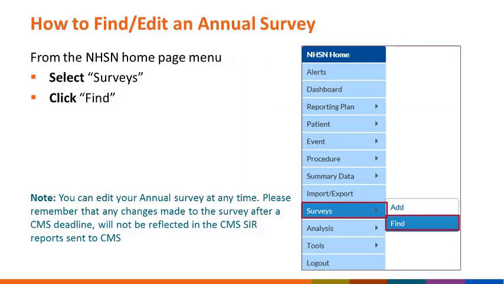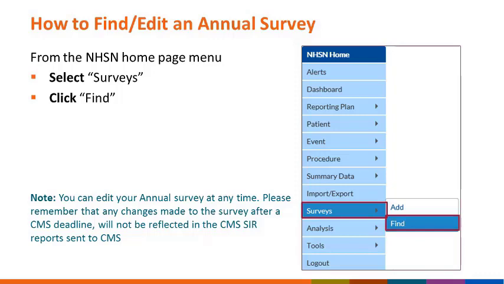After you have completed and saved the survey, you may want to make some changes to your 2018 annual facility survey. You can do this by using the Find feature in NHSN. On the NHSN homepage menu, select Surveys again and click Find. Please note that you can edit the annual survey at any time.